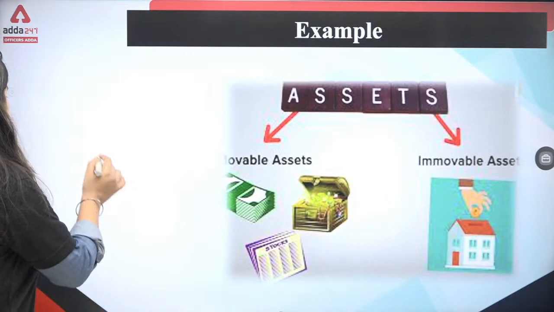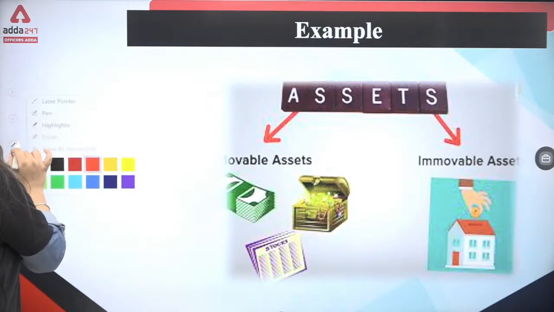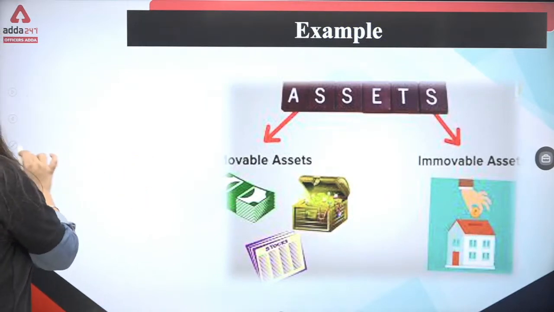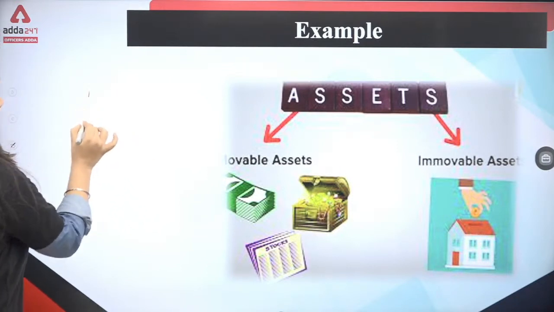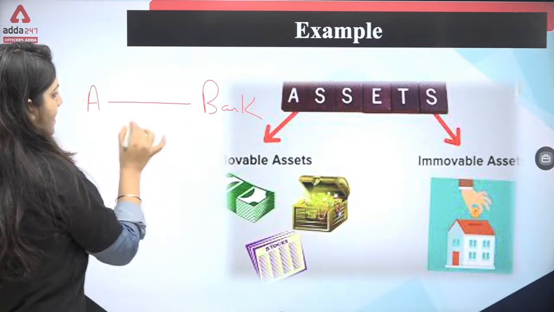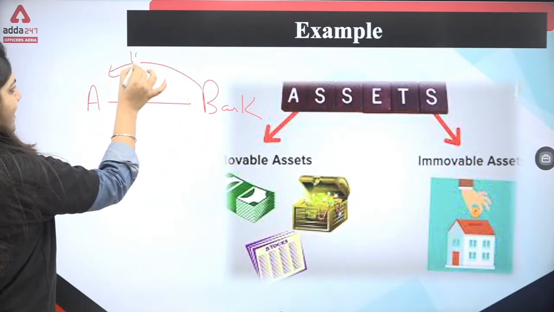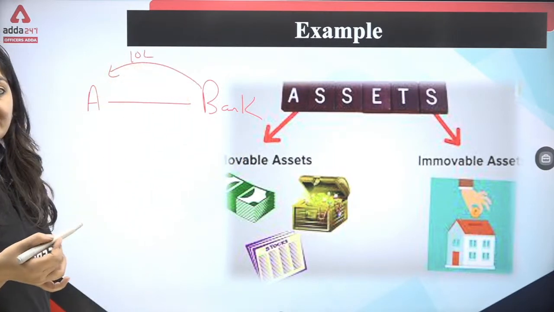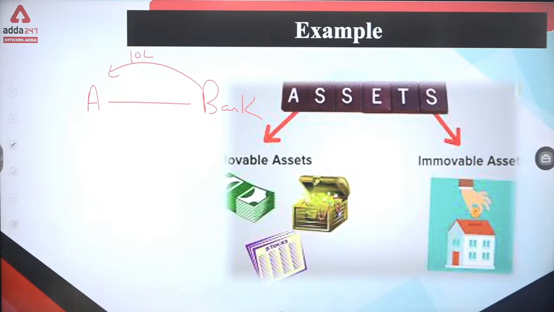Okay, now what is pledge? See, if I take the example of pledge, a person, and this is a bank. Suppose the bank has given a 10 lakh loan to a person because the person was demanding the loan.